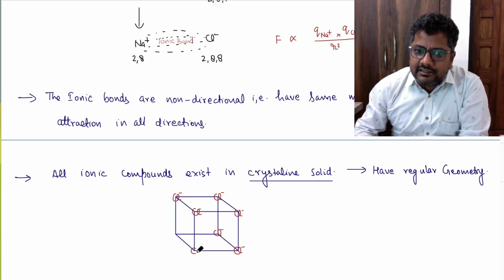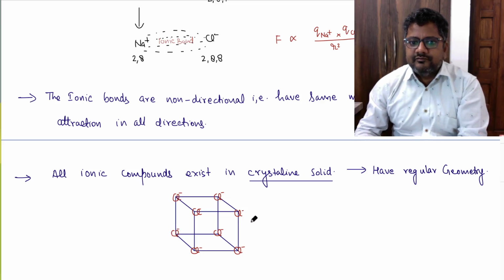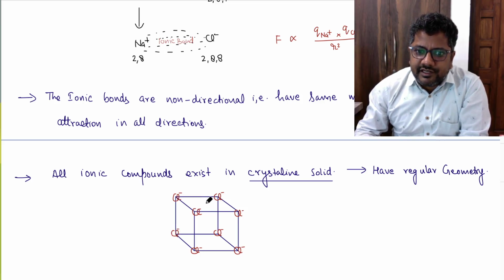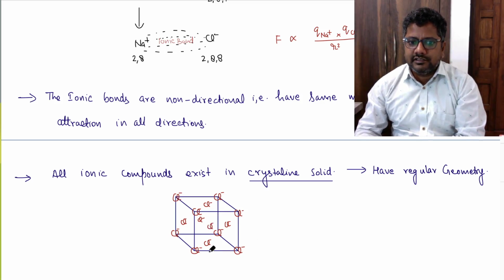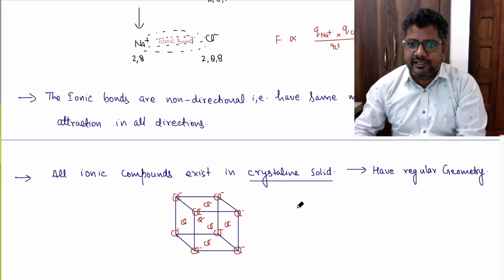Means chloride ions are located at this corner, and at the center of each face, means here, here, here, here, here, and here, right? So this is the position of chloride, corners and center of each face.